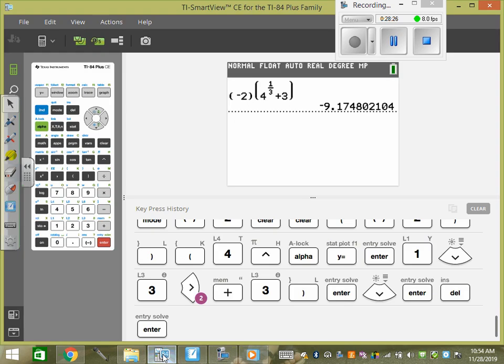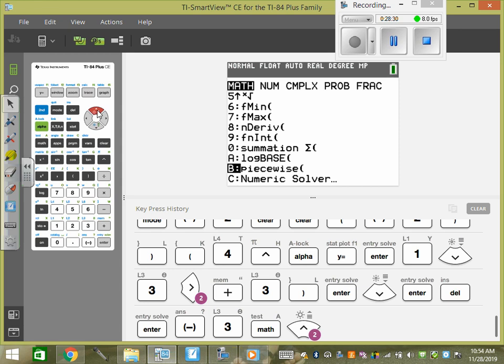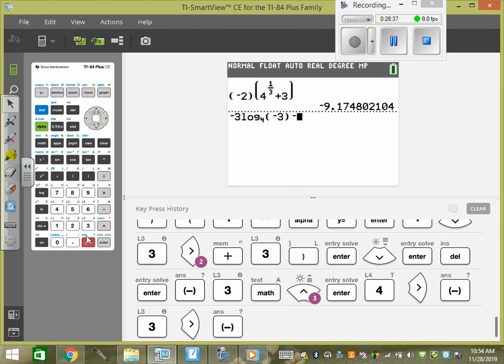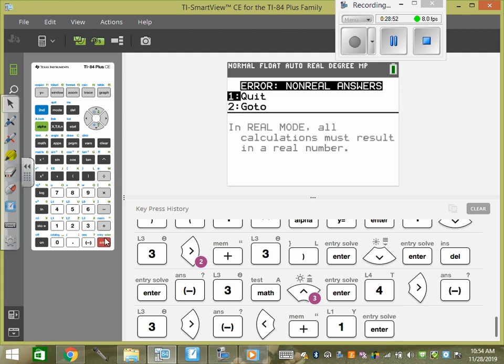I'm going to go negative 3 math, log base 4, negative 3, plus 1. And I know I'm going to have an error. I have a negative number beside the log. If the 4 was negative or beside a log's negative, it's going to be mad at me.